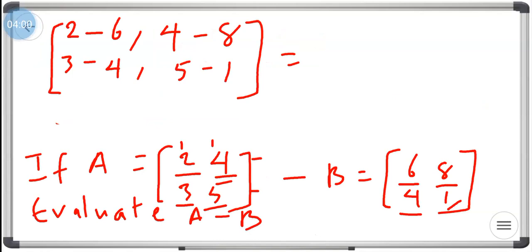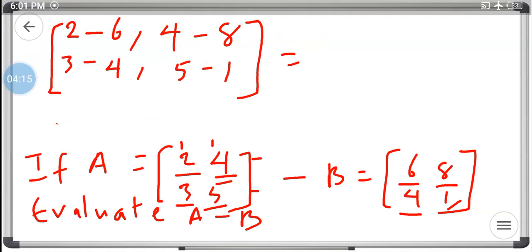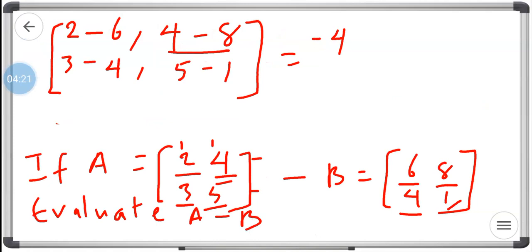Now, 2 minus 6 gives us minus 4. 4 minus 8 gives us minus 4 as well.